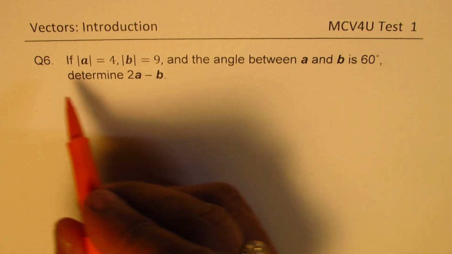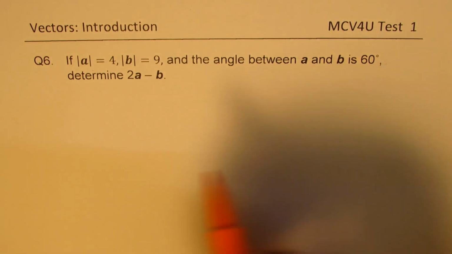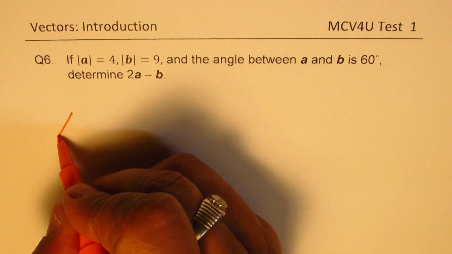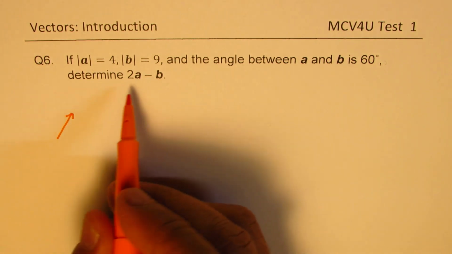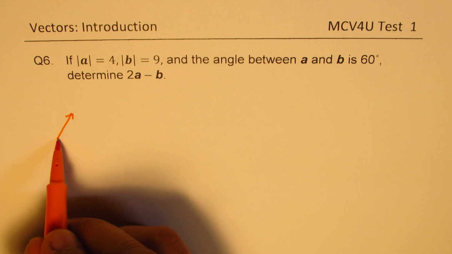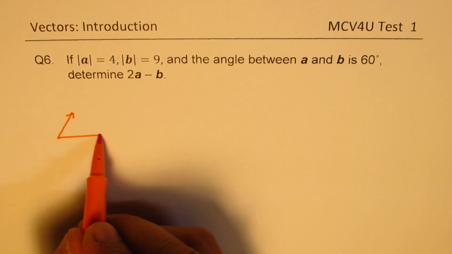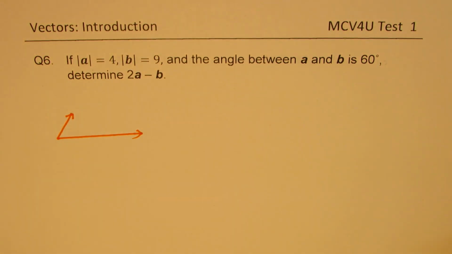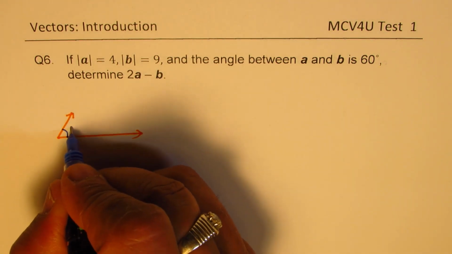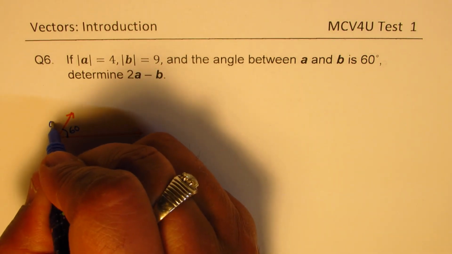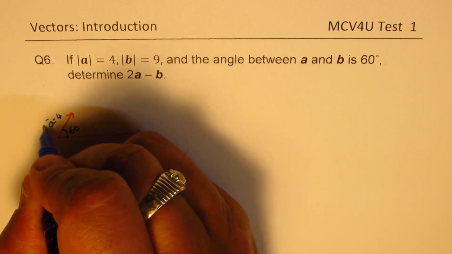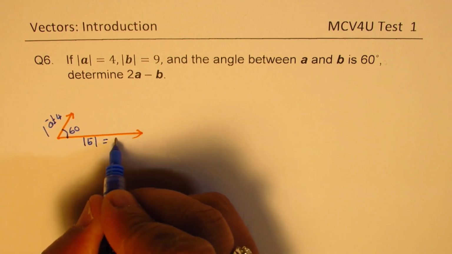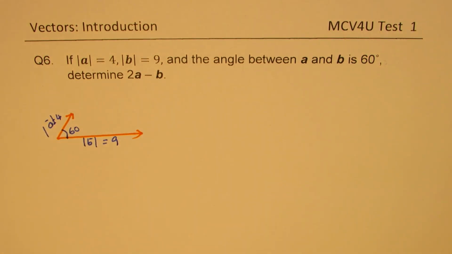So let's define vectors A and B. So let us say this is our vector A, and this is our vector B, and the angle between the two is 60 degrees. The magnitude of vector A is 4, and the magnitude of vector B is 9. That is the given situation.